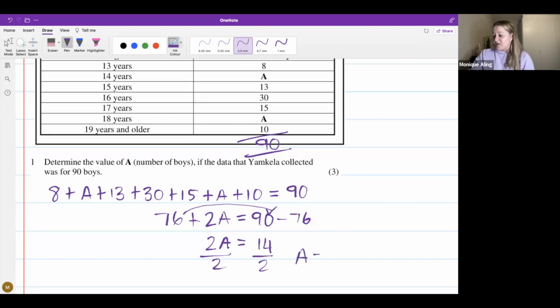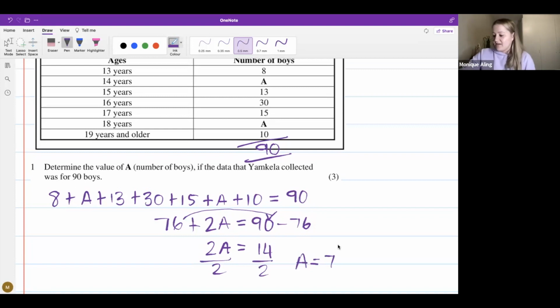So A is equal to 7. So we can replace 7 wherever we see A over here. And if we add up all of these numbers, we will get to 90. Again, there's various ways you can do it. So if you did it differently but got the same answer, that is perfectly okay.